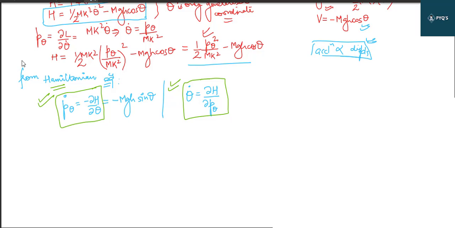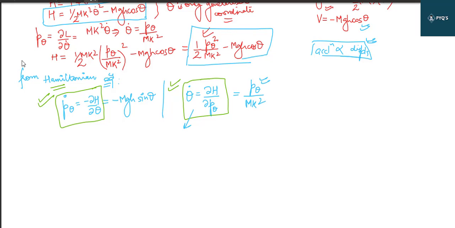Now I differentiate for theta dot. Here is the Hamiltonian. I have to differentiate it with respect to p theta. So what will I get? I'll get p theta upon m k square. Then we can differentiate it again, because I have to remove p theta, but here we have p theta dot. So differentiate it again with respect to time.